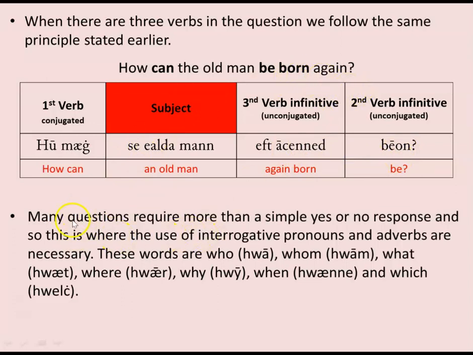Now, many questions require more than a simple yes or no response. And so this is where the use of interrogative pronouns and adverbs are necessary. Now, these words are who, hawa, whom, hawam, and there's other spellings of these, by the way, so I'm just going to put one down. What, hawat, where, hawar, why, hawu, when, hawana. You can have hawana, there's different spellings, and which, hawelch.